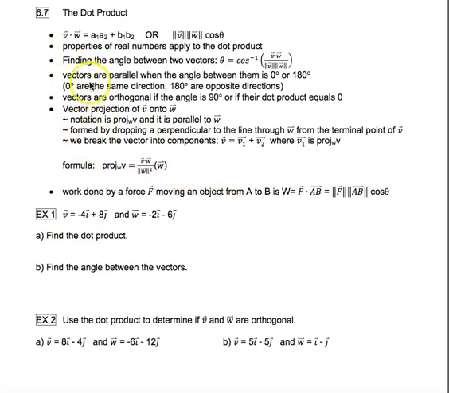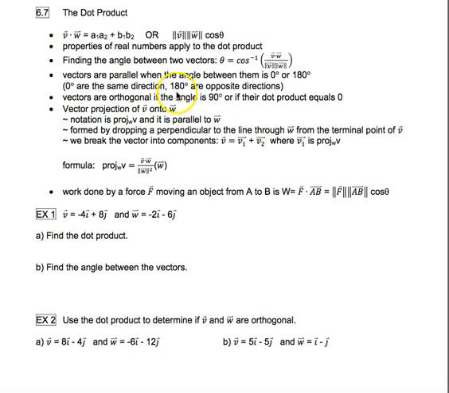All right, so vectors also, we can have vectors that are parallel, and vectors are considered parallel when the angle between them is either 0 or 180 degrees. Now that can create two different situations. Both of them are parallel situations, but if it's 0 degrees for the angle, that means that they're going the same direction.